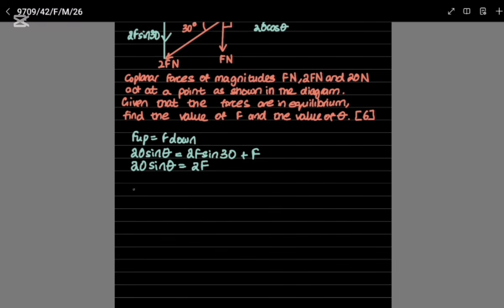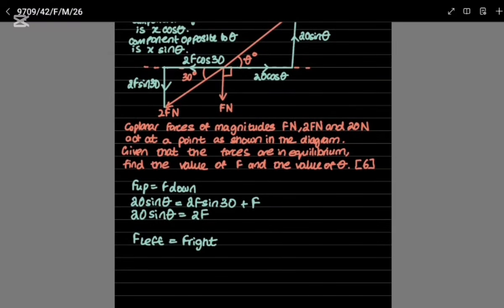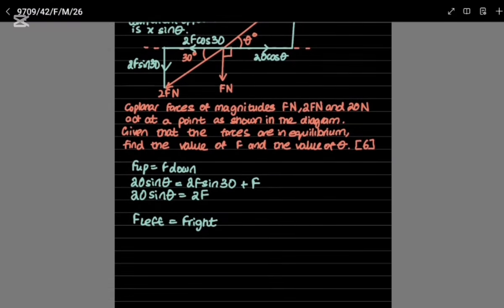Now F left is equal to F right, the forces acting on the x-axis. So this is basically going to be 2F cos 30 is equal to 20 cos theta.